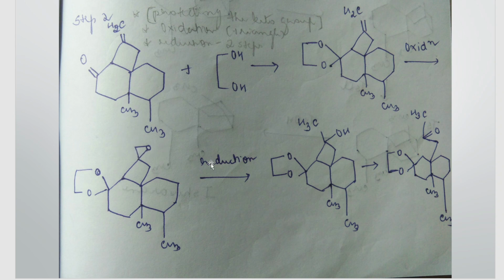This part remains inert and does not undergo any reaction because we have protected it using a protecting group. Then the next step is reduction. On reduction, this ring opens up once again to give you CH3 and OH. And once again, on further reduction, what happens? This OH goes and there's an opening of this ring as well, and there's formation of a double bond C=O.